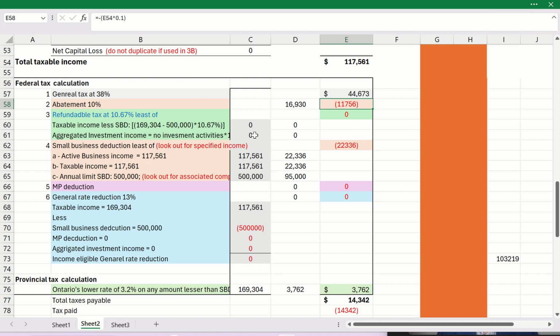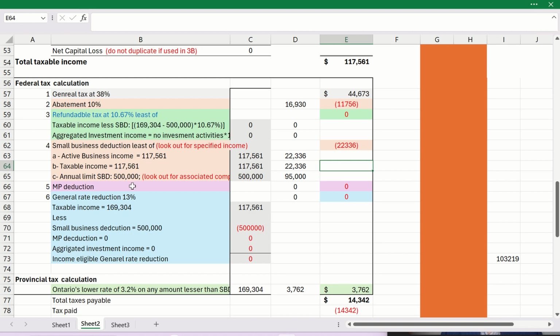And again, we don't have any refundable tax, because the corporation has no aggregated investment income, so there is no refundable tax for this purpose. And then the small business deduction: again, this amount is less than 500,000.